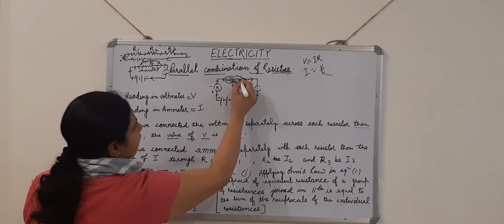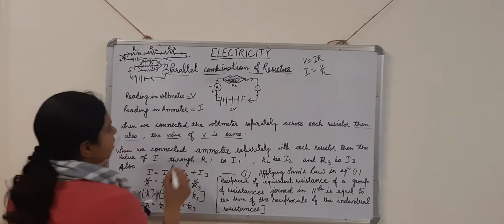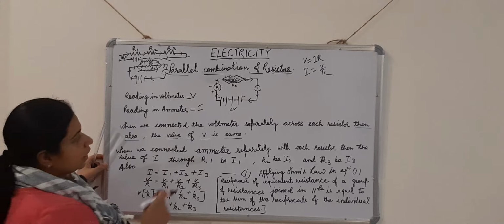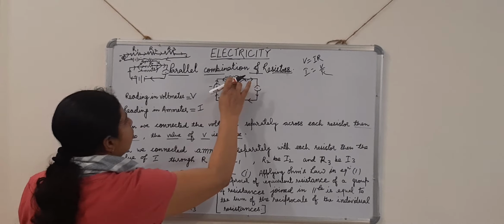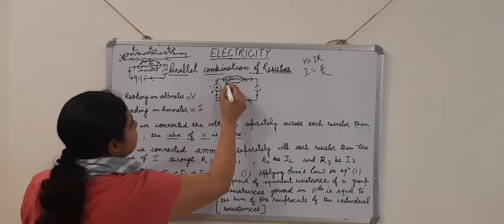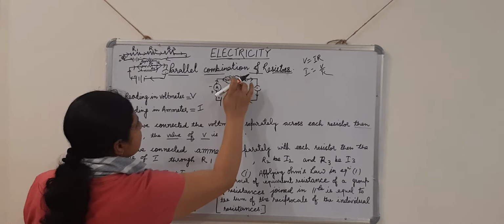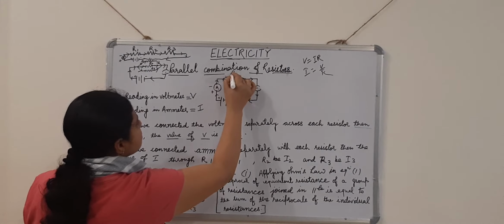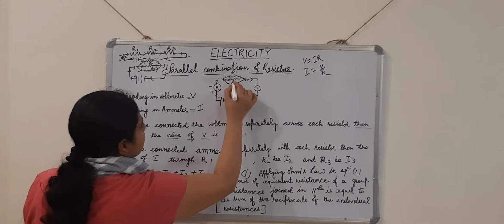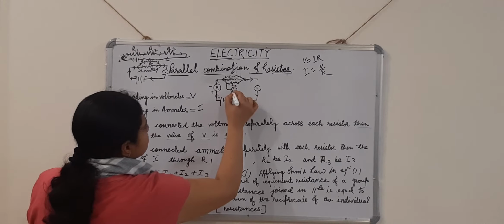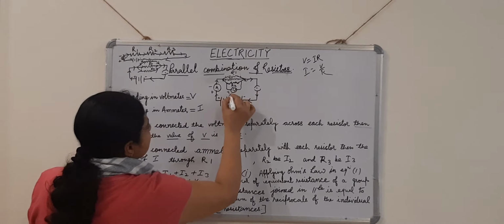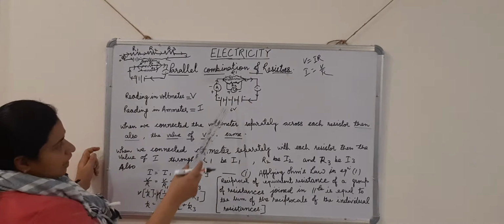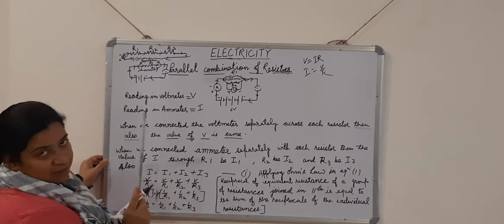I note down again the value in the voltmeter is again V. Now if I join it only across the third resistor, I note down again the value in the voltmeter is V.